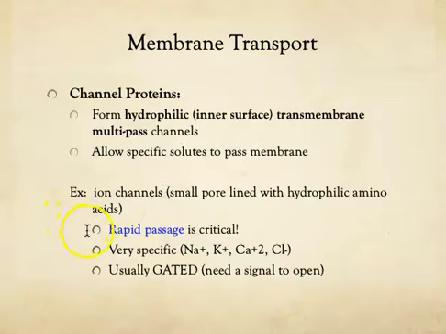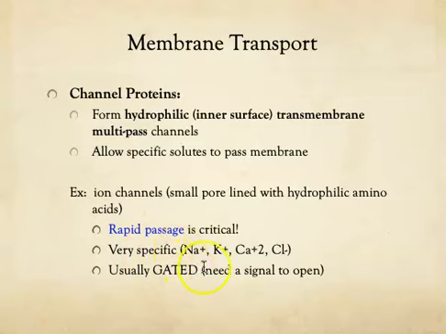Ion channels usually allow very rapid passage to occur, and that's critical because it turns out that the movement of ions into and out of cells is going to allow a lot of different physiological processes to occur, including things like muscle contraction and nerve cell signal transmission. Ion channels, like most channels, are highly specific.